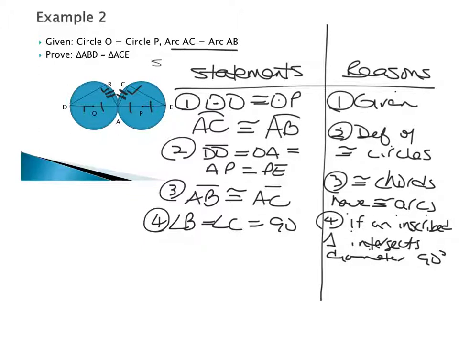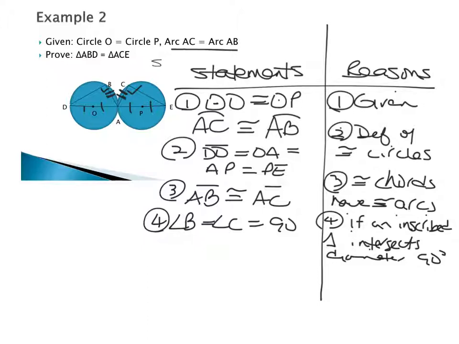Now, can I prove triangles with angle side side? Is that a valid postulate? Angle side side. Is ASS a valid postulate? No, it's not. So I need to find some more stuff in here to prove these triangles congruent.